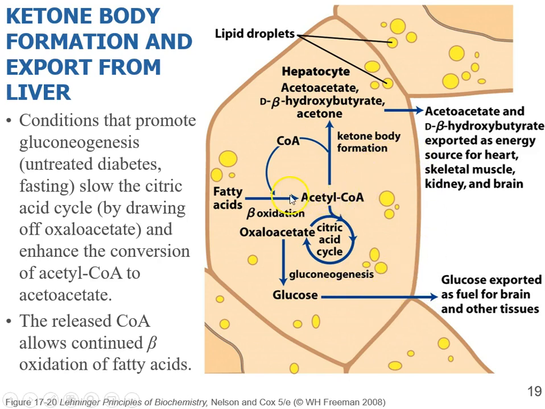So that means the extra acetyl-CoA then forms ketone bodies, the acetoacetate, the beta hydroxybutyrate, and acetone, and they also leave. So heart, skeletal muscle, kidney, and brain are able to use ketone bodies if glucose isn't available. So the liver is doing its best to get glucose out there as well, but the ketone bodies can be used as a source of energy as well.